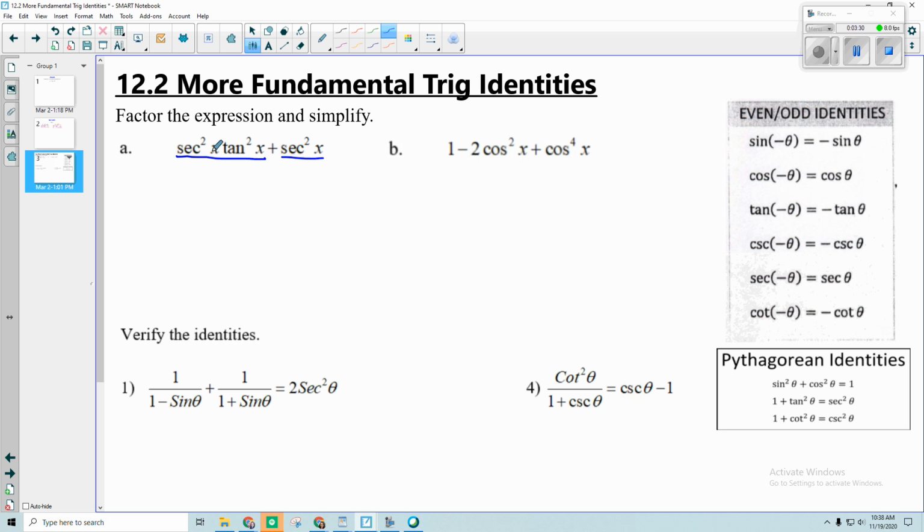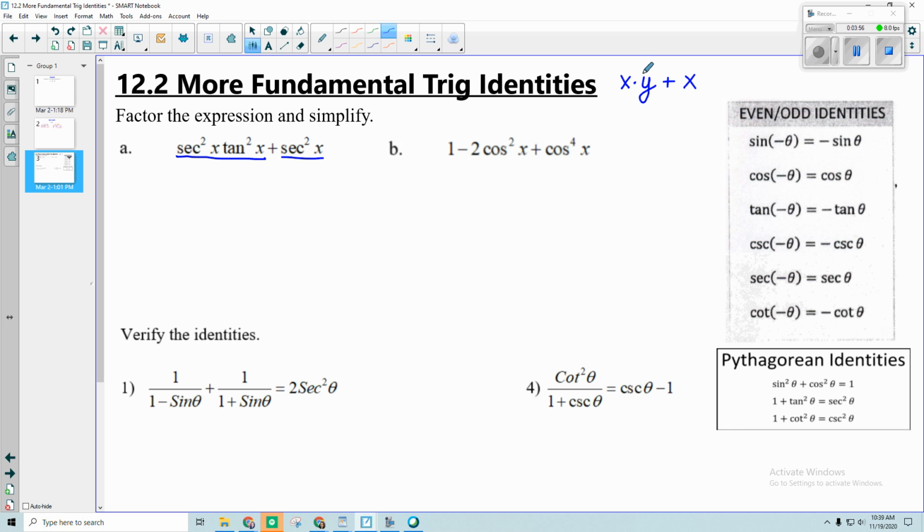So if I'm going to use factoring here, think about something like this, almost like you would think about x, like the x represents secant squared, so x times y, and the y is the tangent squared x. So I have secant times tangent plus another secant squared, okay?